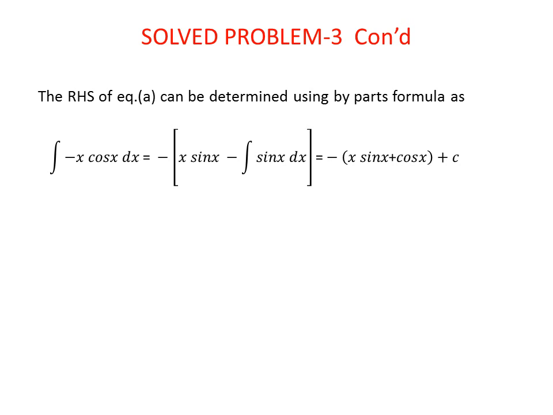Now after simplification, the first term will remain the same, x sin x. The second term, integral of sin x, as you know, is minus cos x. So minus integral of sin x becomes plus cos of x.